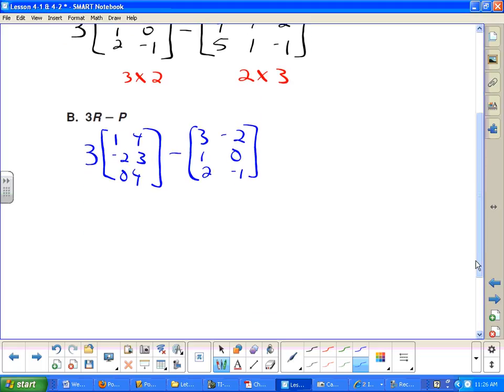I know the dimensions are the same, so we'll multiply the first one by 3 and then do our subtraction. So we get 3, 12, negative 6, 9, 0, and 12.